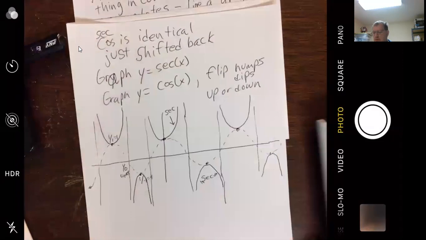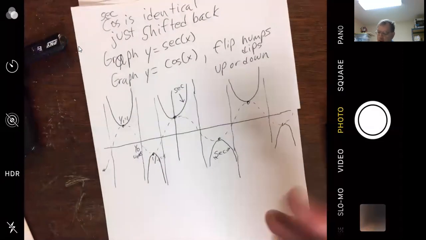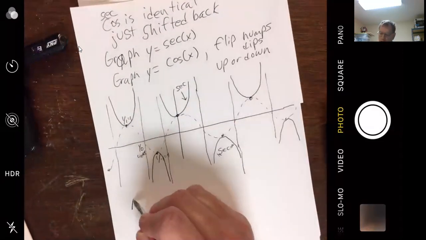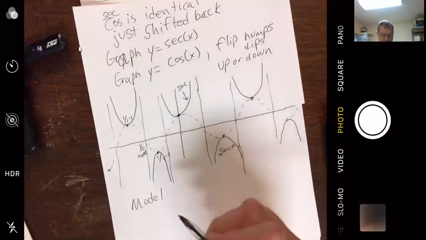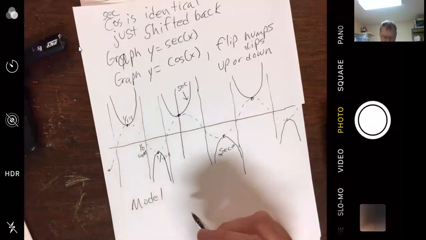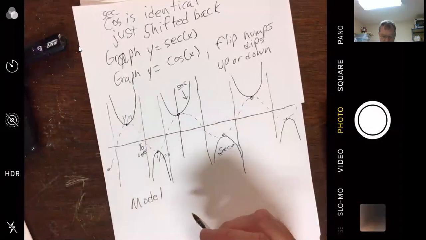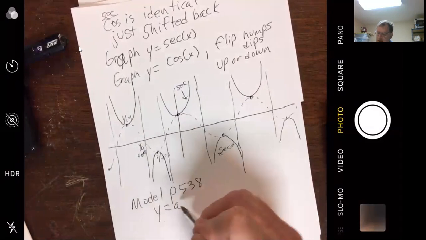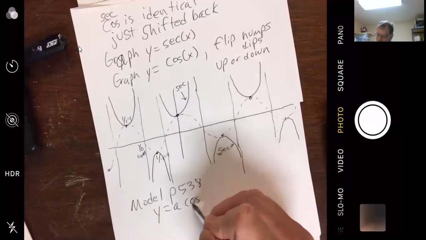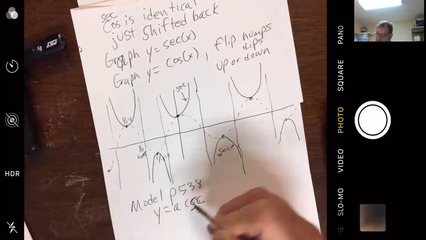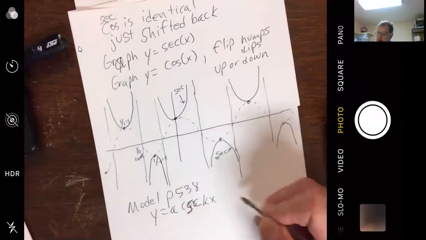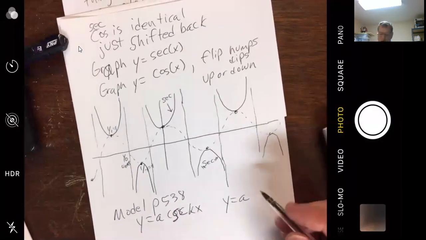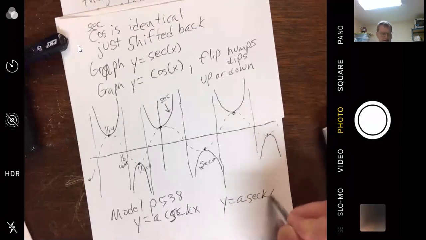Okay, in terms of what parameters we're going to pick off of these two, the model is pretty much, let's see, I'll pick it off of page 538. And they do y equals a cosecant of kx, and y equals a secant kx.